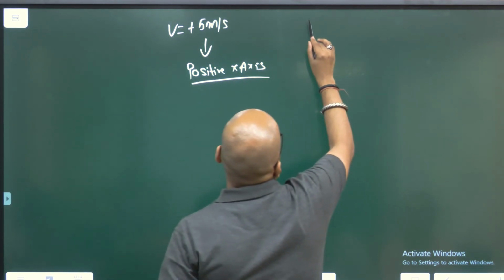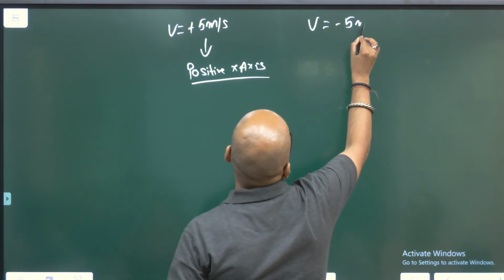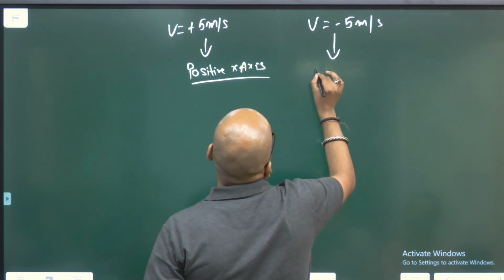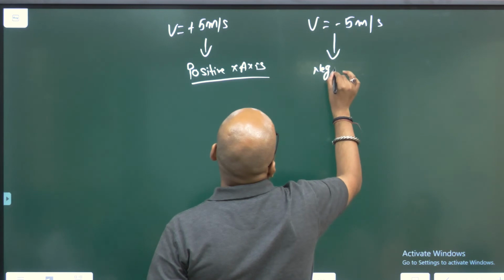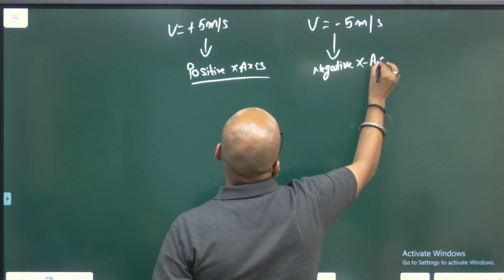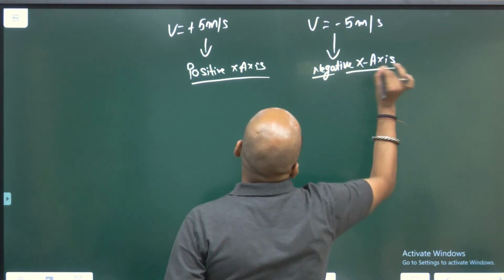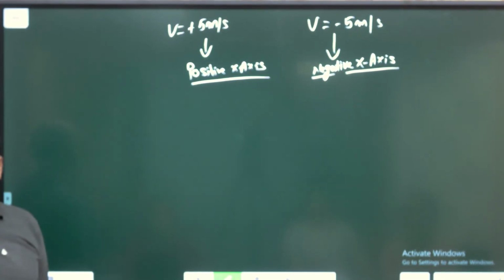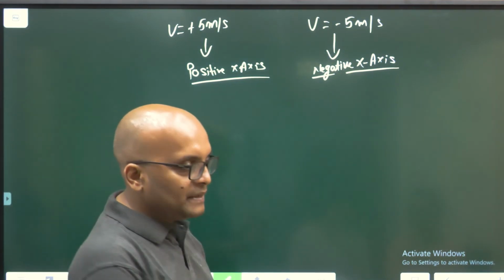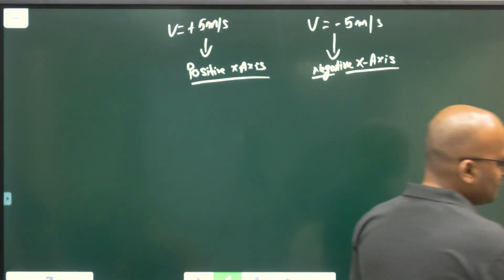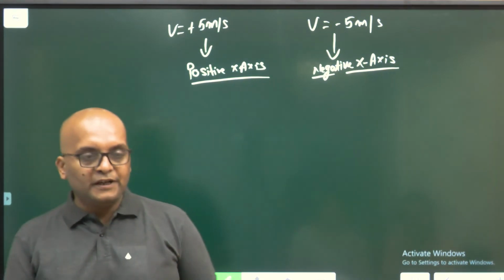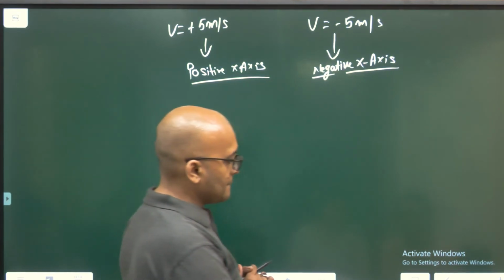And if velocity is given minus 5 meters per second, so we can say blatantly that motion is along negative x-axis. Just by looking at the sign of velocity, you can give your decision. But don't do it with displacement.